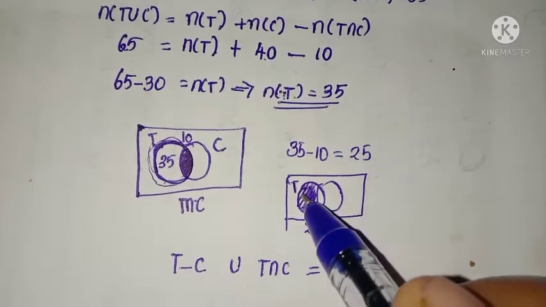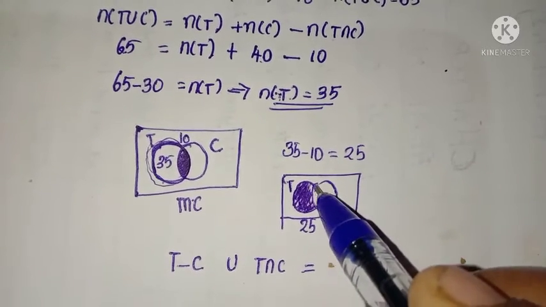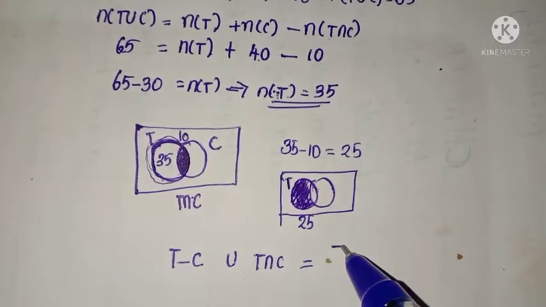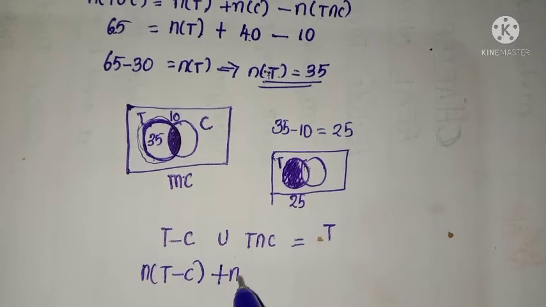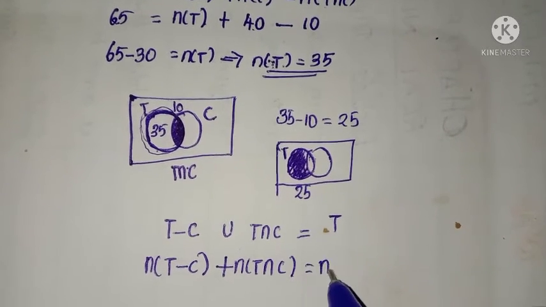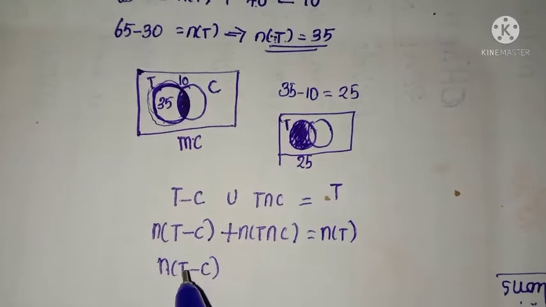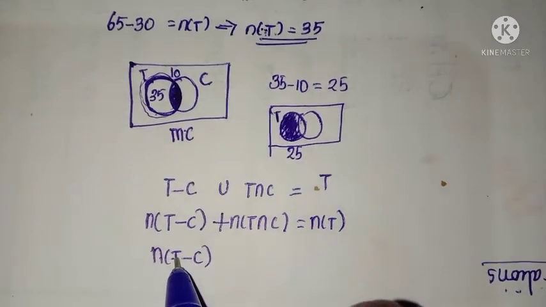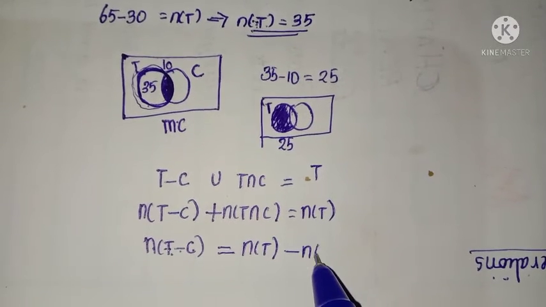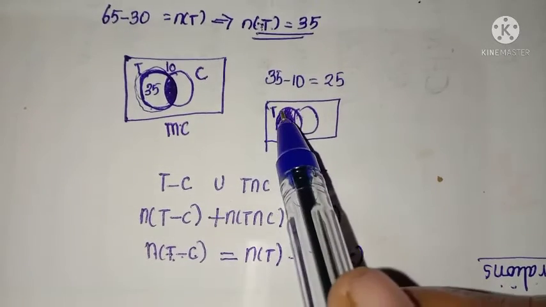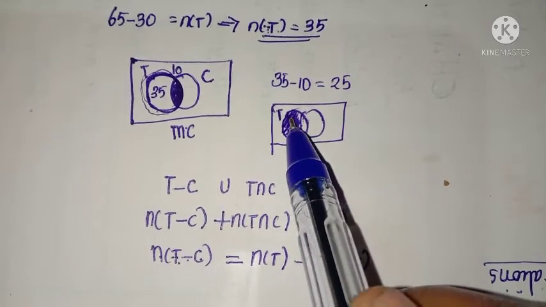This shaded region is T minus C. When we combine it with this portion, which is T intersection C, we get the total set T. Therefore, by the cardinality theorem, n of T minus C plus n of T intersection C gives n of T. We need to find n of T minus C, the number of people who like tennis only but not cricket, which is n of T minus n of T intersection C. From the total set T, if we subtract the common region, we get the number of people who like only tennis.